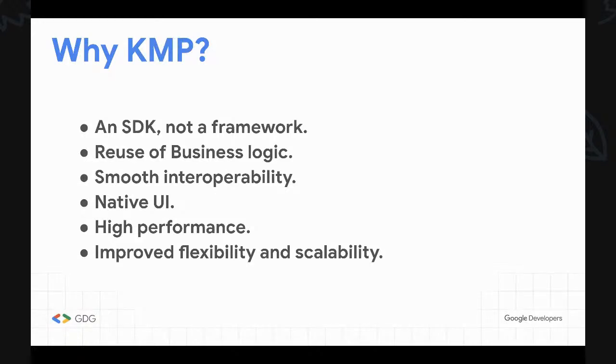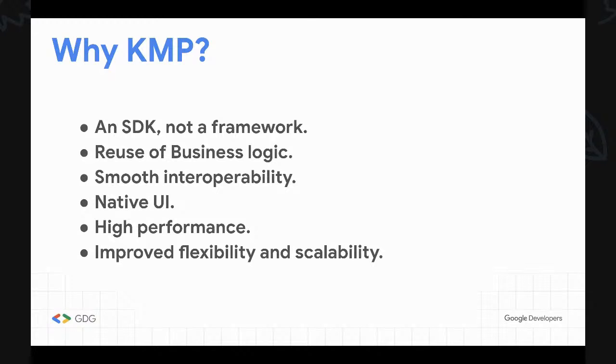Kotlin Multiplatform also provides us a high performance that the other cross-platforms cannot provide, because the performance changes from one targeted platform to another. But Kotlin Multiplatform compiles the code in the same format as the target platform, and this makes it as efficient as its native counterpart.